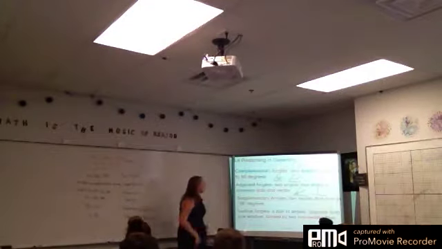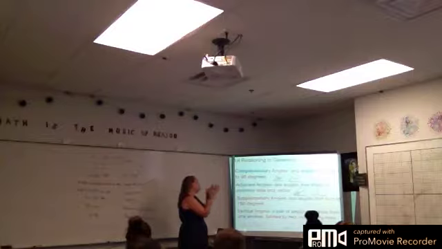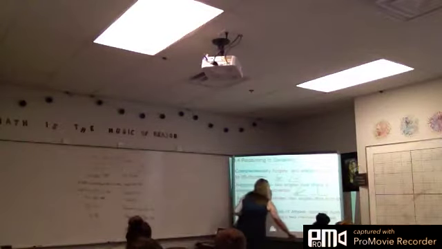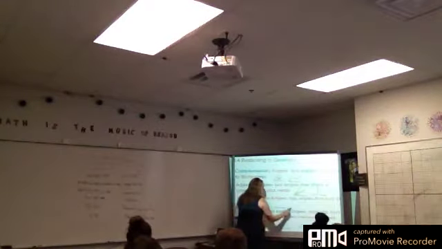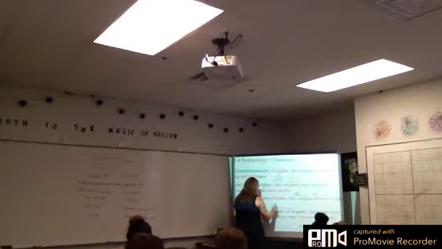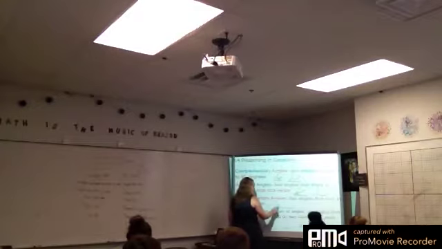Supplementary angles are two angles that sum to 180 degrees. So supplementary add to be 180. So I could have it this way, and these two angles would add to be 180. This acute angle and this obtuse angle.